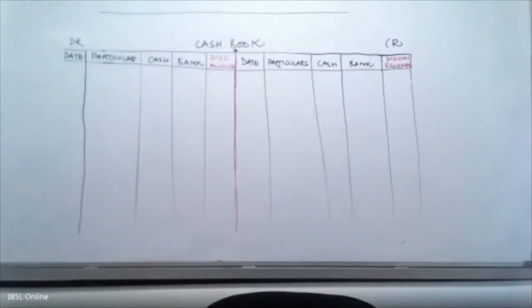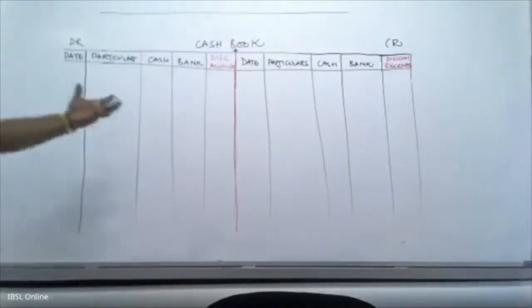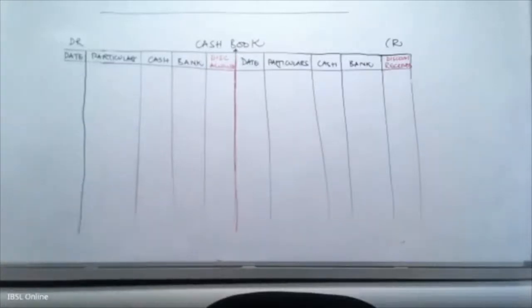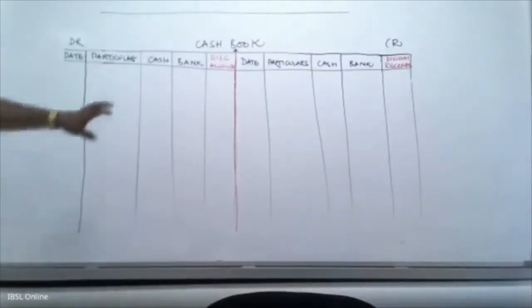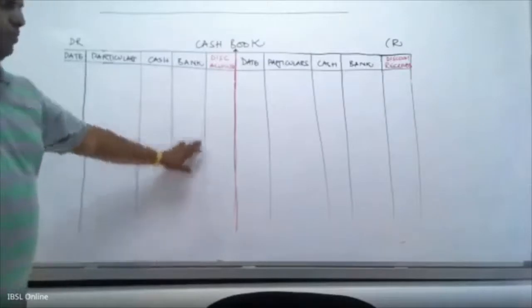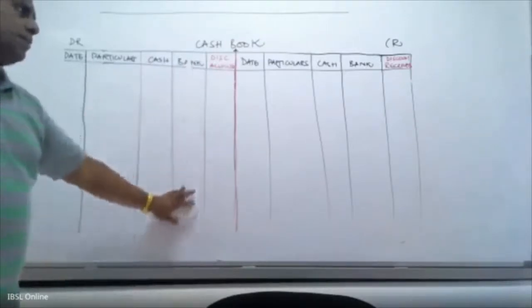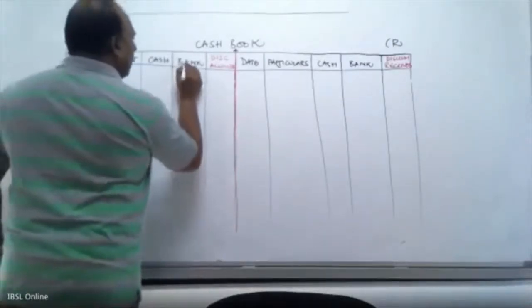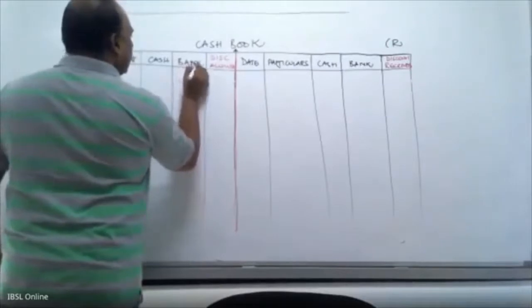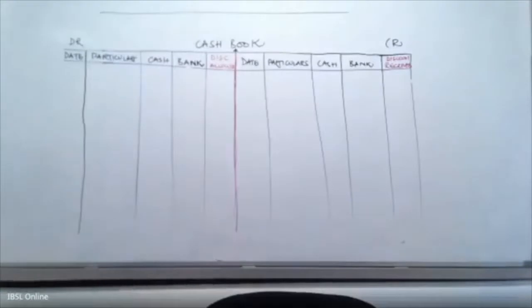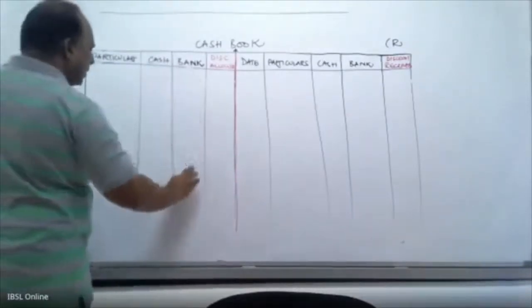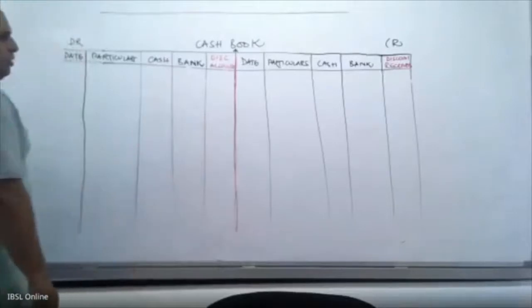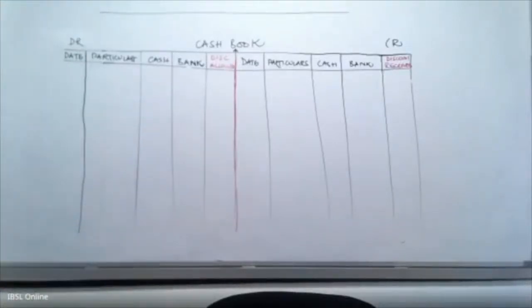When you look at the cash book, it does not only relate to the physical cash that you have, but also anything that you have in your bank account. That is what this column is. So the bank column relates to all transactions that you may come across in your bank account. So the bank account is also considered like cash.